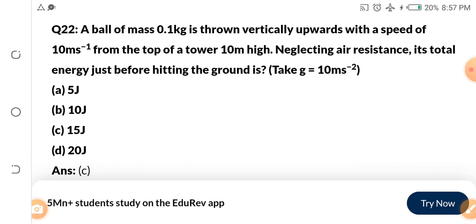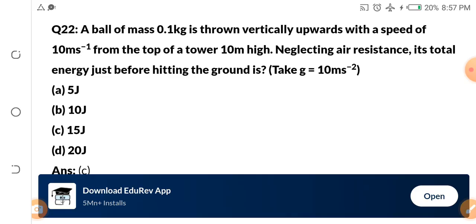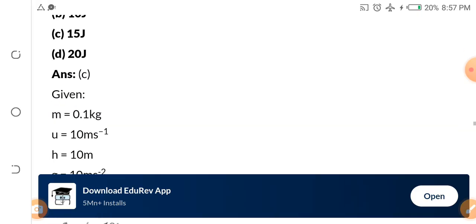A ball of mass 0.1 kg is thrown vertically upward with a speed of 10 meters per second from the top of a tower 10 meters high. Neglecting air resistance, its total energy just before hitting the ground is dash.